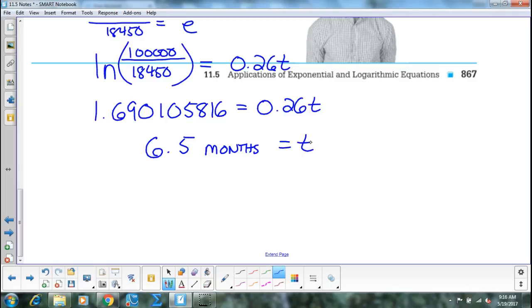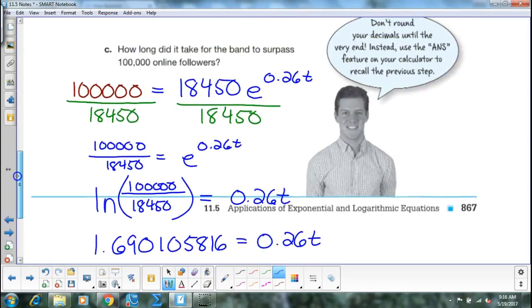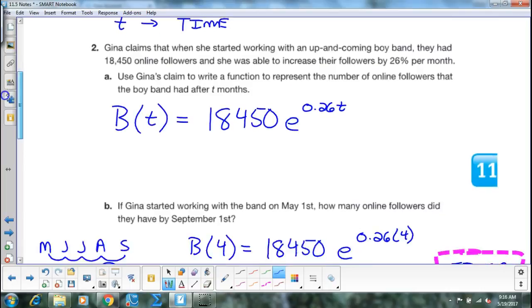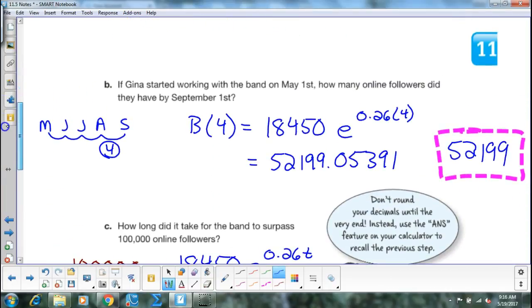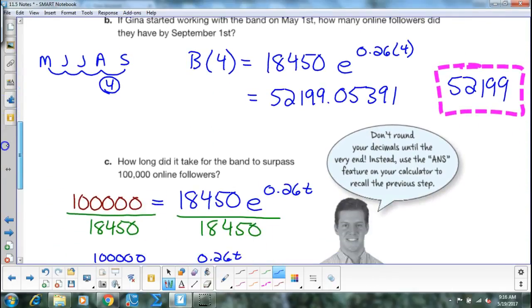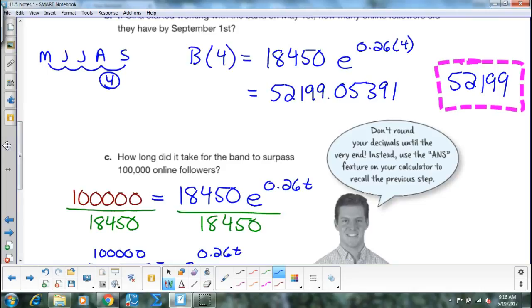Logically, does that make sense? Why? Because over time you're slowly increasing. Look, you can see the entire page. Why does it make sense that after 6.5 months, we'd be over 100,000?